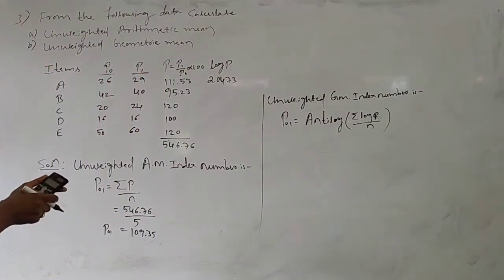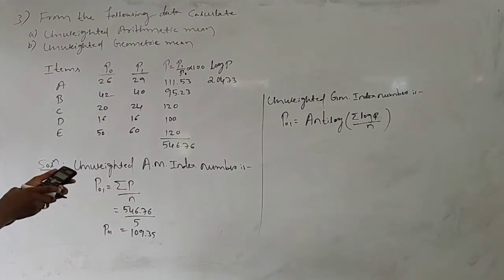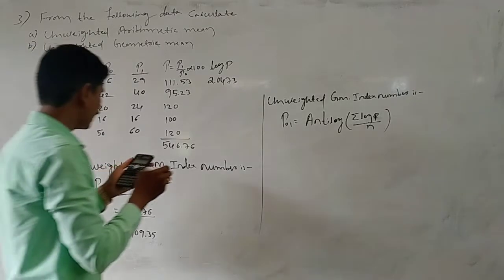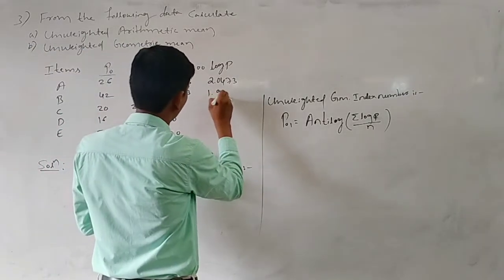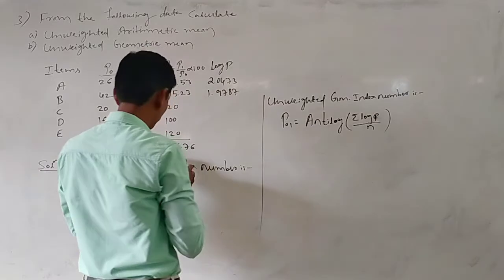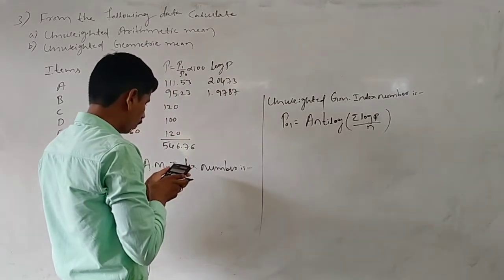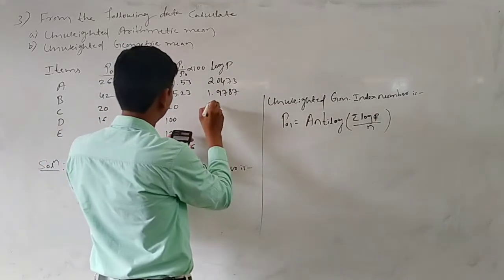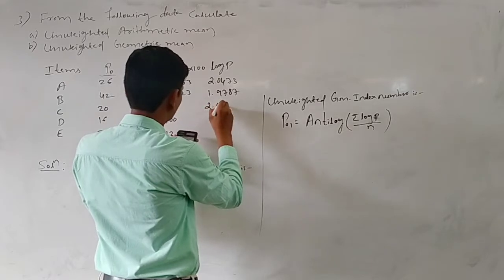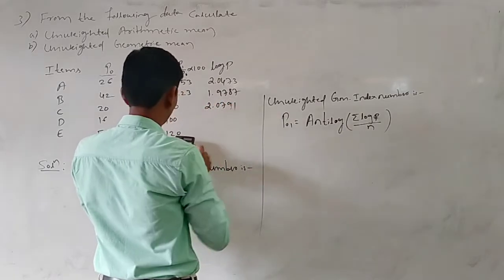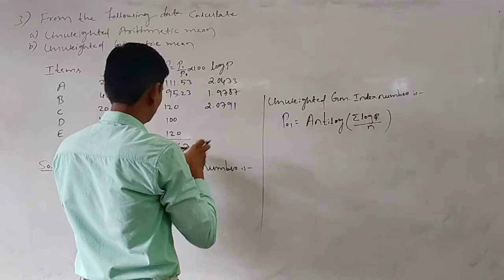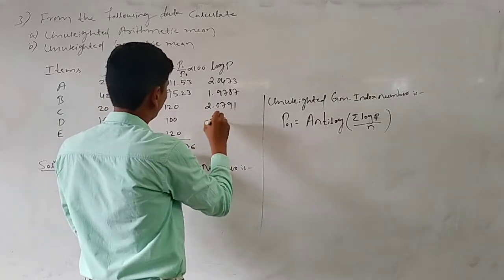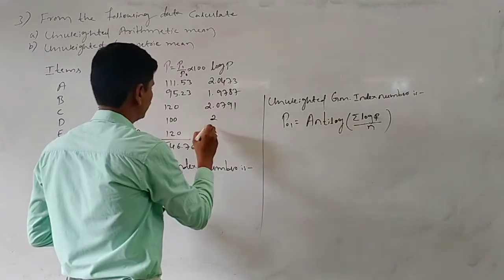The next, log of 95.23 is 1.9787. Next, log of 120 is 2.0791. Log of 100 is 2. Log of 120 is 2.0791.